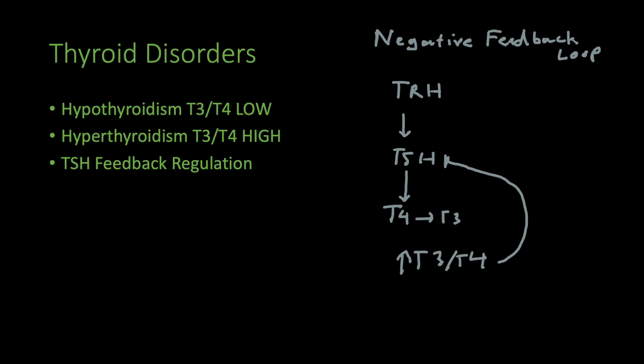Just to give you a general idea, TSH is dependent on the T3, T4 levels. If T4 gets too high, then let's stop the TSH production. And if T4 gets too low, then let's continue the TSH production, increase it.